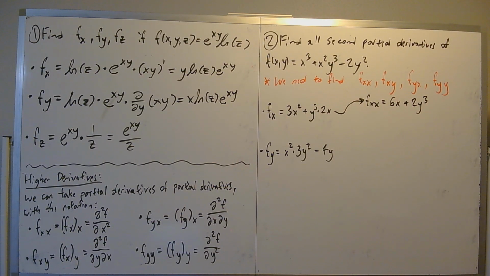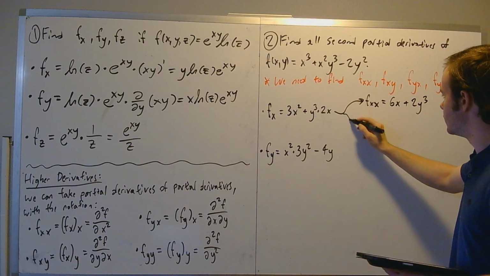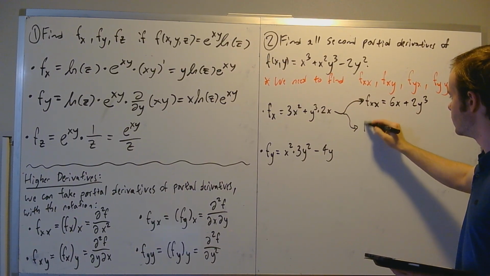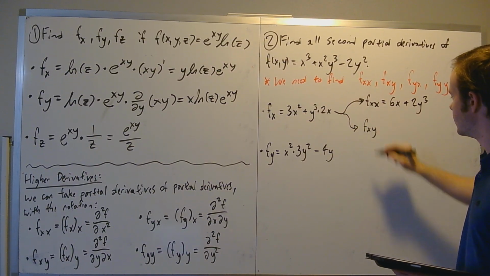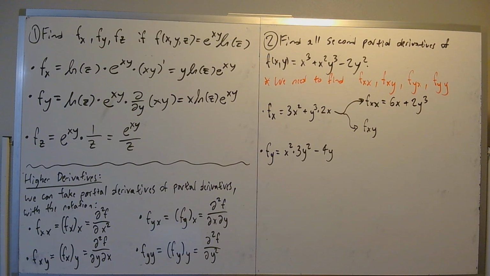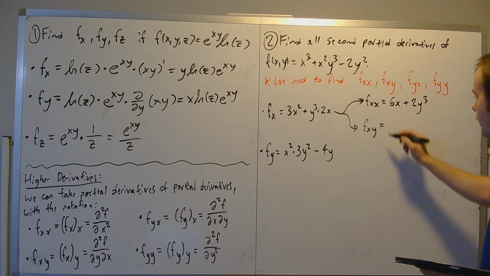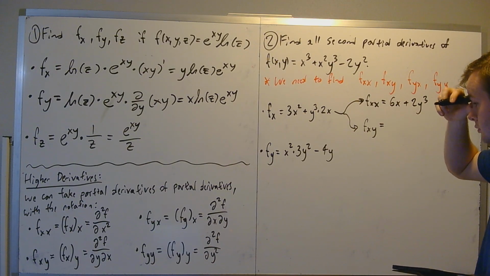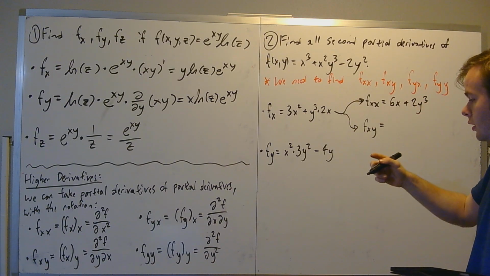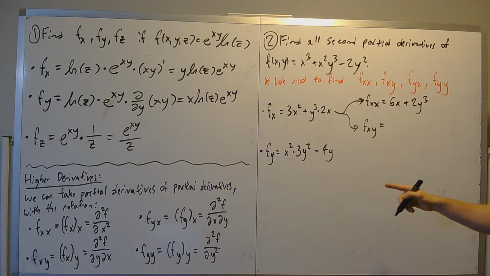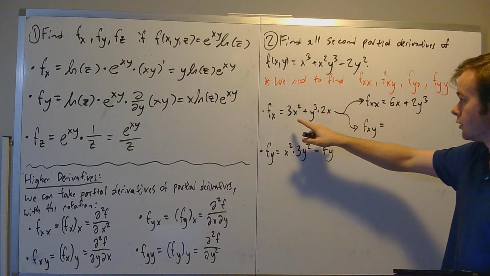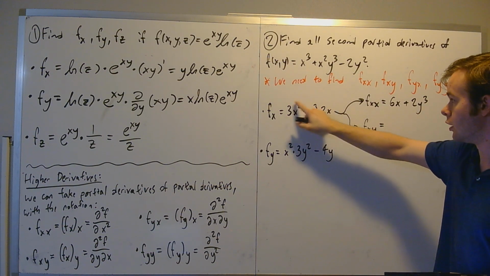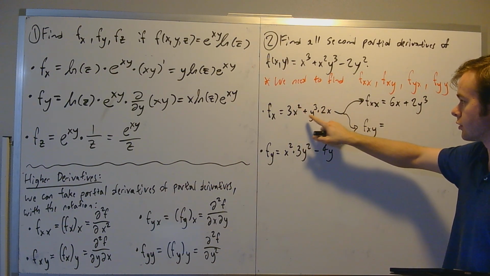Okay, and now let's go ahead and say, well, our other option here was to take what we started with and then take the partial derivative with respect to y. So if we did that, notice if we're taking the partial derivative with respect to y, well, I'd encourage you to think about what that should be. But here, we're taking the partial derivative with respect to y. This is a constant, so that goes away.